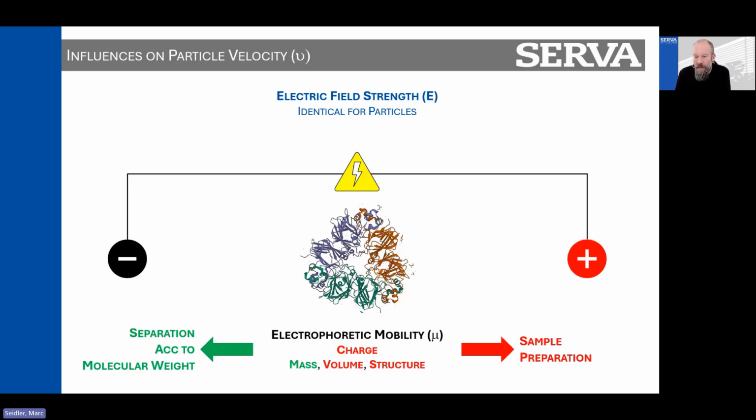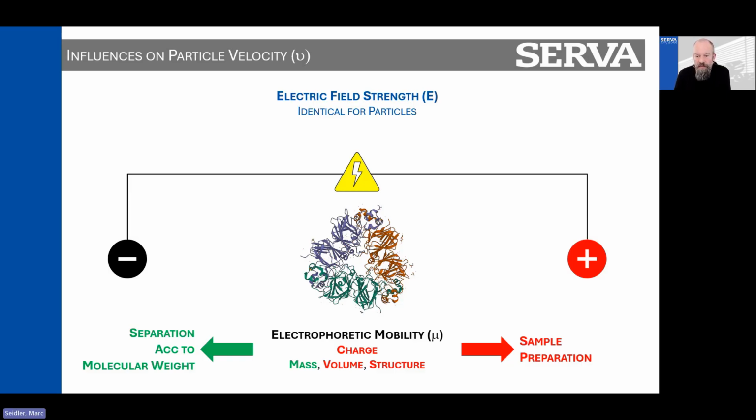So when we talk about the proteins, we want to separate according to the molecular weight in an SDS-PAGE gel. So we want to measure the mass. But what about the charge, the volume, and the structure?